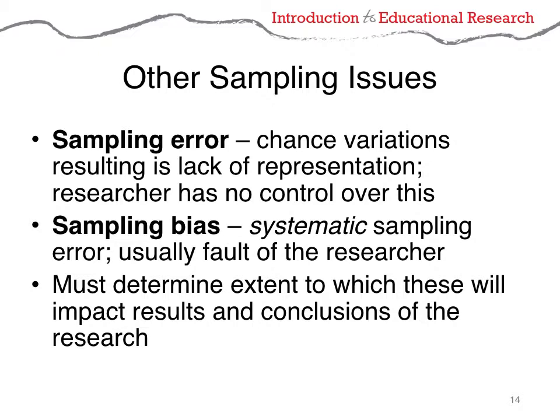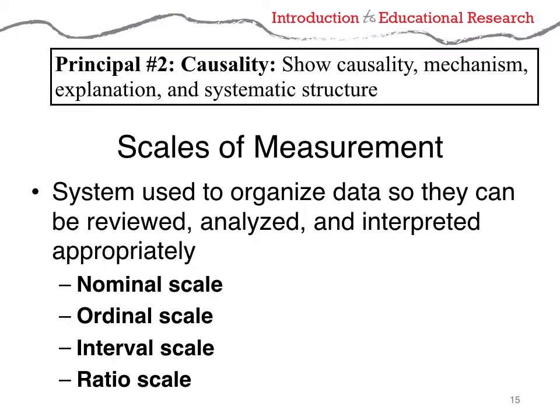And then sampling bias, when you have a certain way that you're recruiting participants, there may be some fault from the researcher. Sampling bias and sampling error can influence the results. You can certainly see that if you look in politics. If you ask one city versus another, you can see how quickly your data can be skewed.